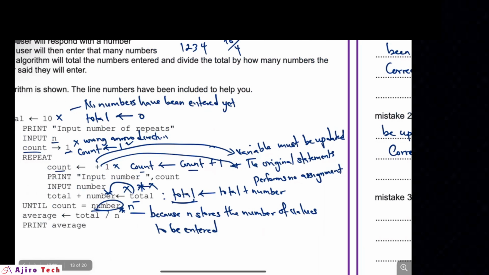And that number is wrong, by the way, take note. Okay, input number. We have input number here. Okay, that's fine.